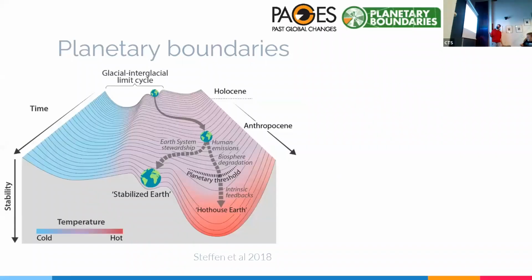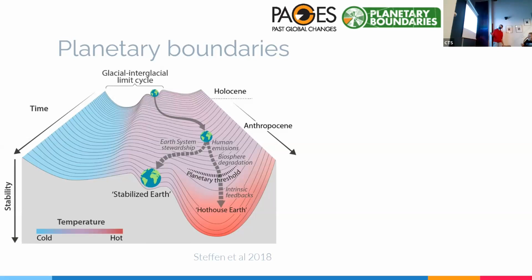So I really like this concept of planetary boundaries, which is also the name of a new working group from PAGES, which some of you may know, which is Past Global Changes, which is a great initiative. And what they are saying is, this built on this Steffen et al. 2018 idea that here we have time on this axis, we have stability, and the color is temperature.